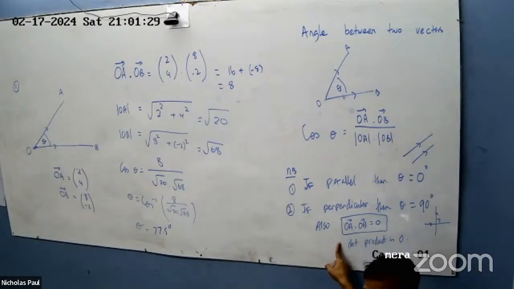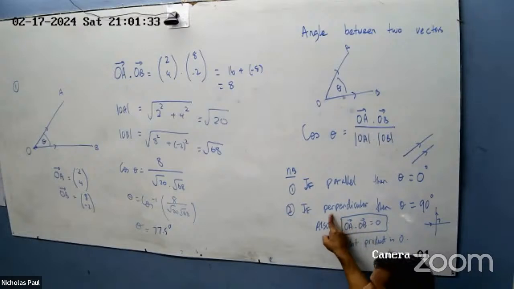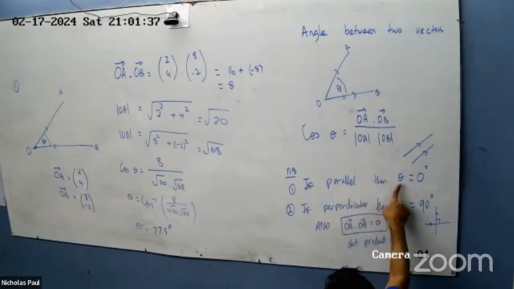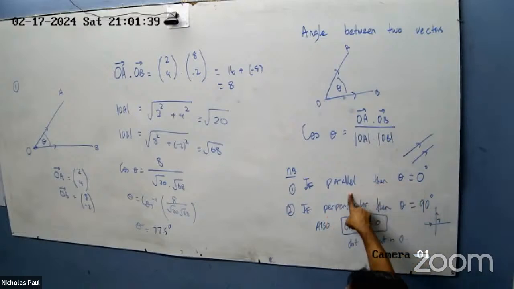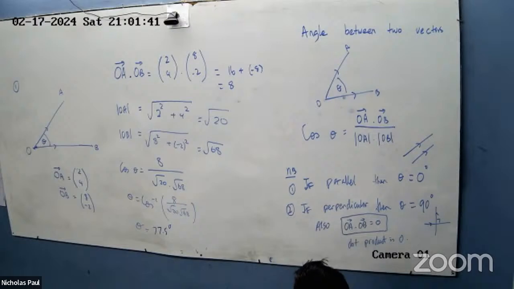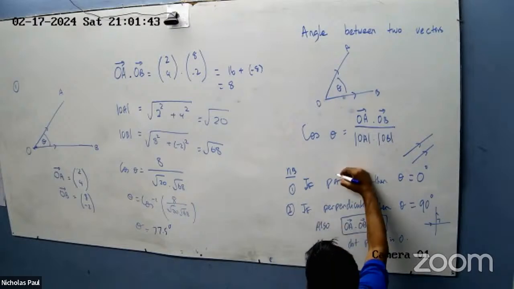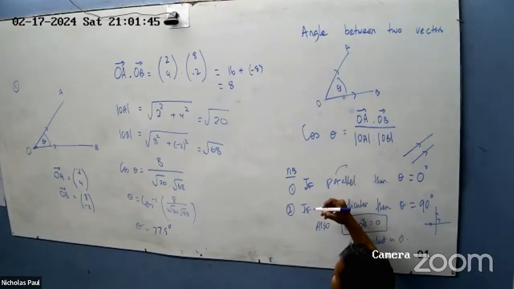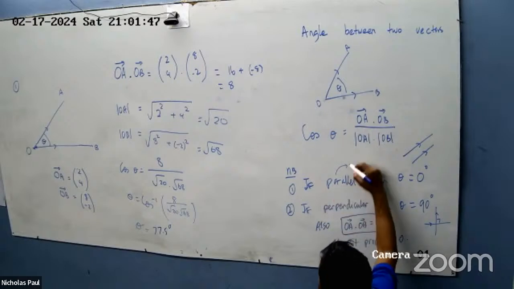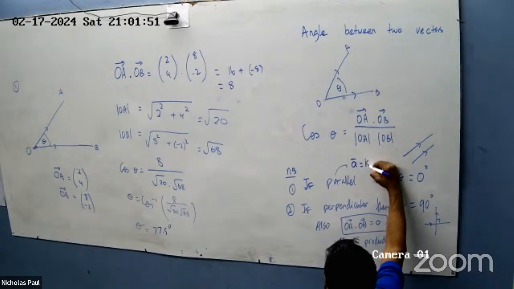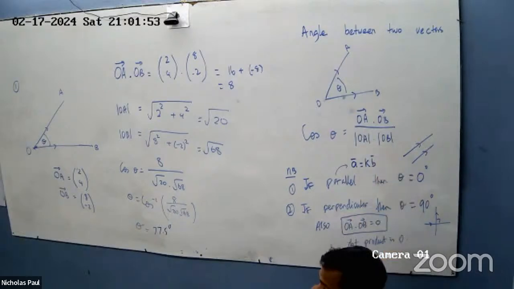If you multiply the vectors and get 0, it means they are perpendicular vectors. If the angle between is 0, they are parallel, which we recognize if they are multiples of each other.